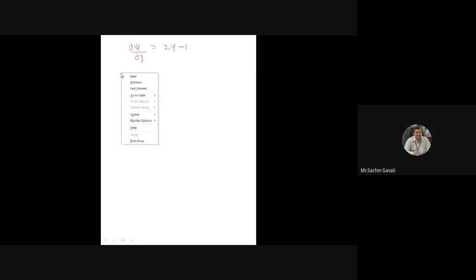Now therefore psi is equal to, what is psi? We have to integrate this equation with respect to y. Correct? So here it will be psi is equal to y square minus 1.